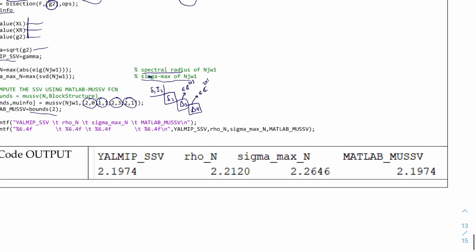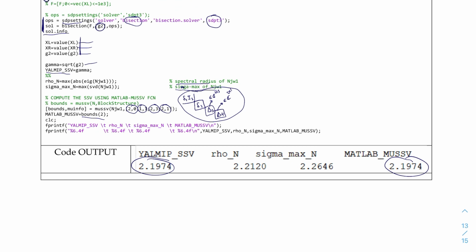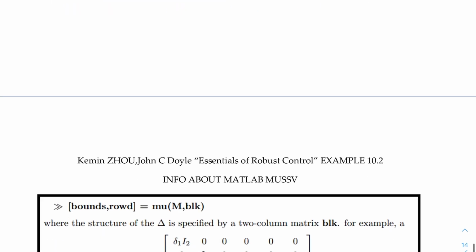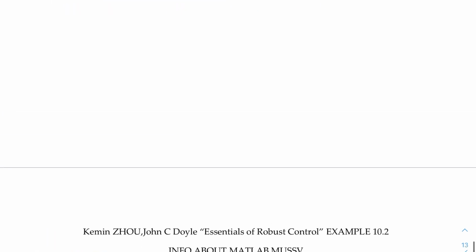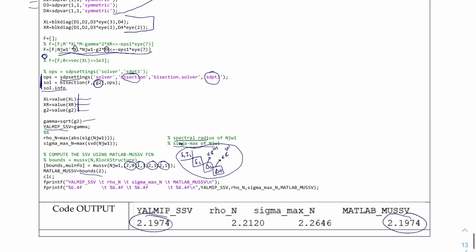And we get the upper bound, and we computed the SSV, structured singular value, for a given uncertainty type, uncertainty set, and for a given complex matrix.